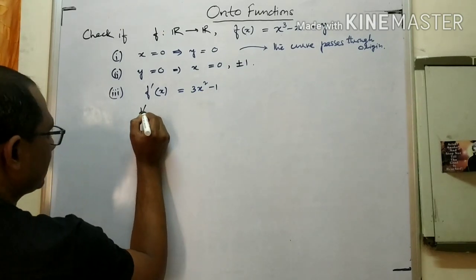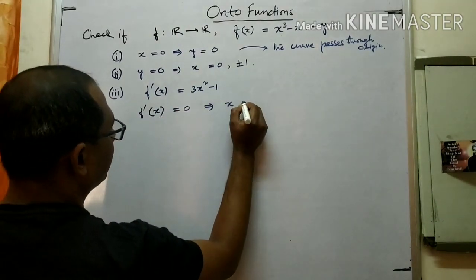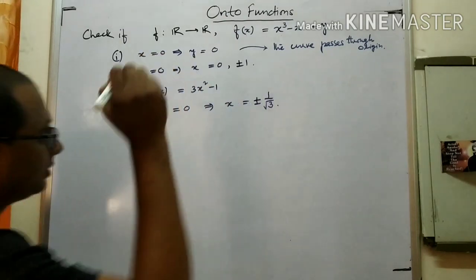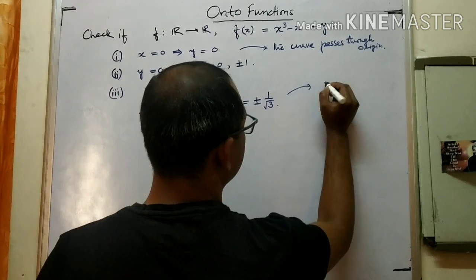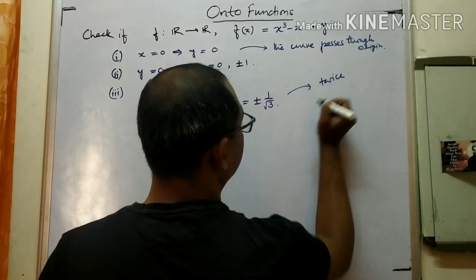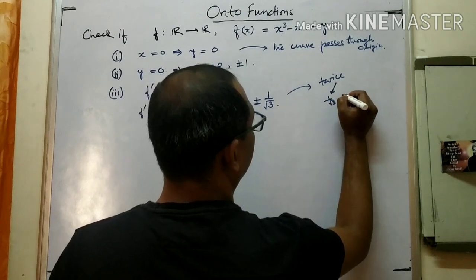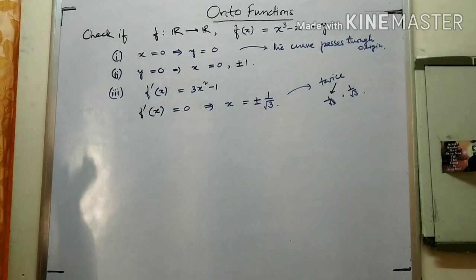So f dash x equal to 0 implies x will be equal to plus minus 1 by root 3. So the curve will take a turn twice, once at minus 1 by root 3 and the other time at plus 1 by root 3.